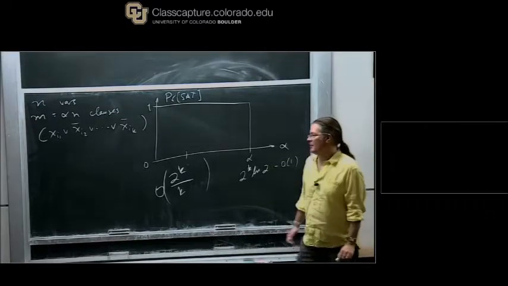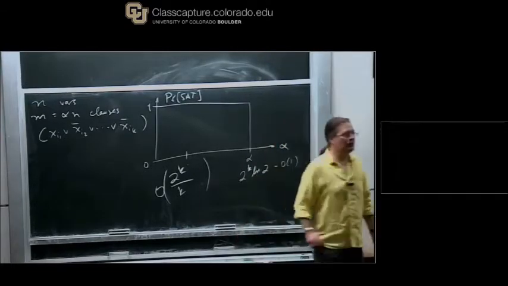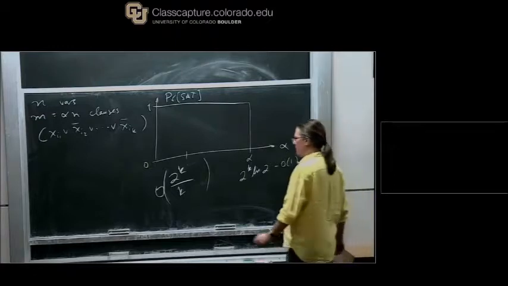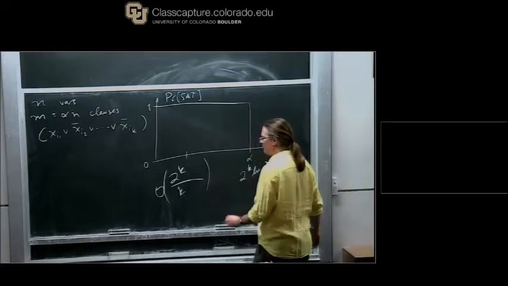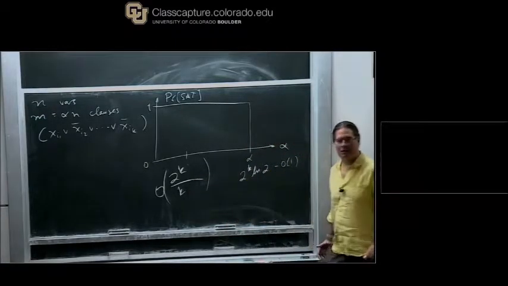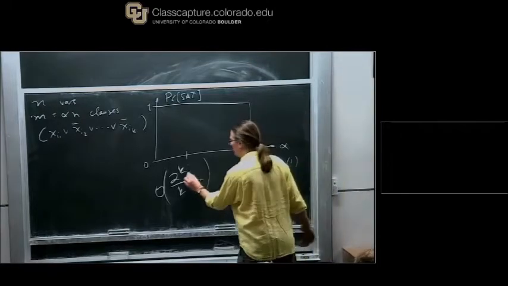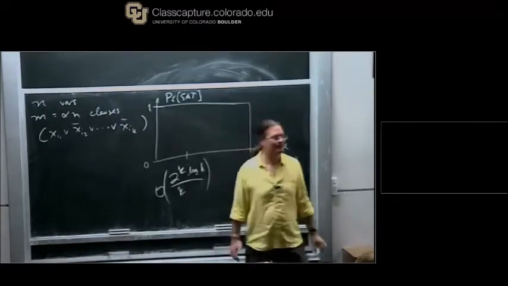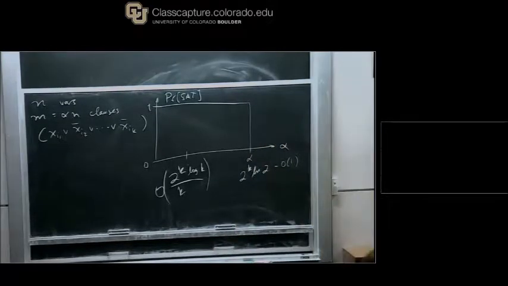And for a long time, this was the best that we knew algorithms could do. It turns out that there is an analysis of a Monte Carlo algorithm which gets a factor of log k better.